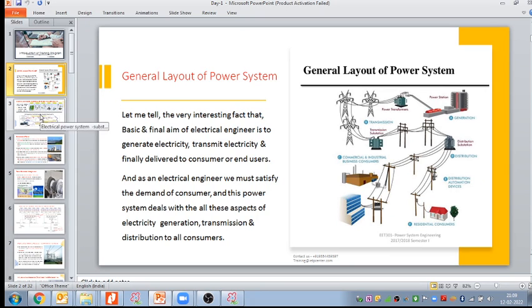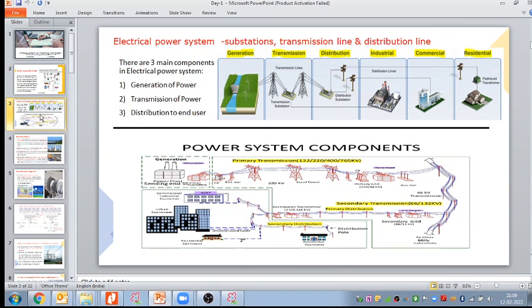This electrical power system has three main components. First of all, we generate the power, we generate electricity. This is the generation stage. Thereafter, we need to transmit the power.